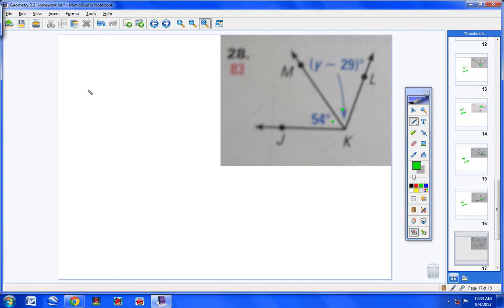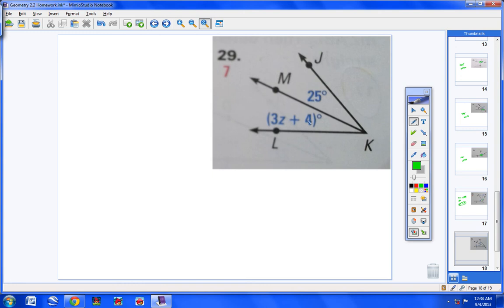So I can definitely say that 54 equals y minus 29. Now I'm going to bring the negative 29 over, and it's going to become a positive 29, and I'm left with y over here and 83 over here. So the answer is 83. Y equals 83.